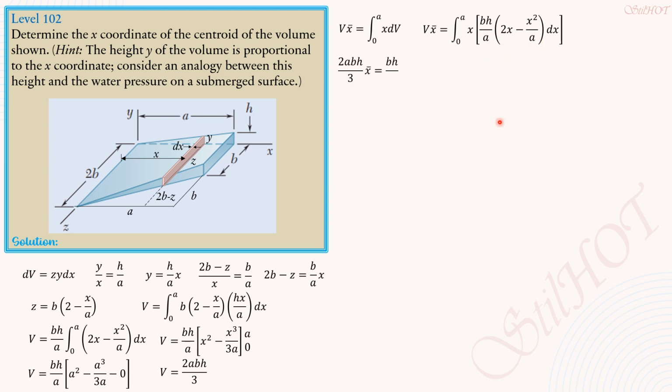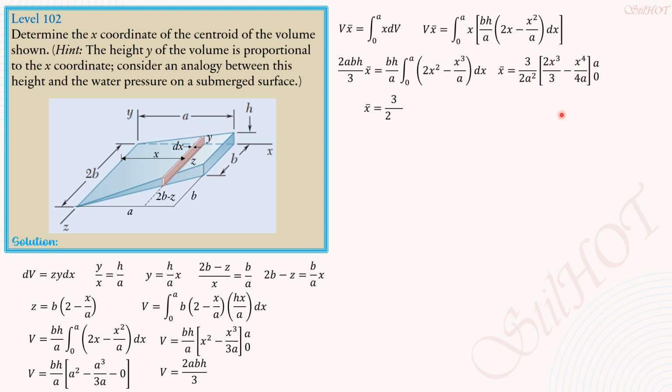2/3 abh bar x equals bh over a times the integral from 0 to a of 2x squared minus x cubed over a dx. Cancel out bh. So bar x is 3 over 2a squared times the quantity 2x cubed over 3 minus x to the fourth over 4a, from 0 to a. So 2/3 minus 1/4, times 3 halves.